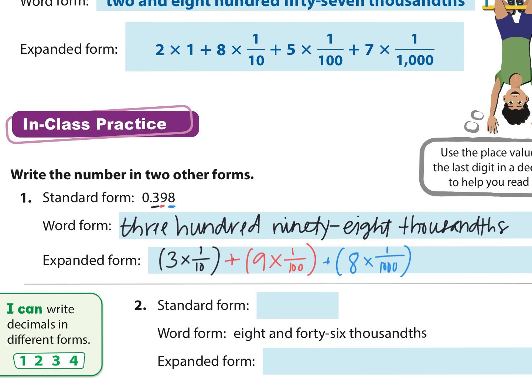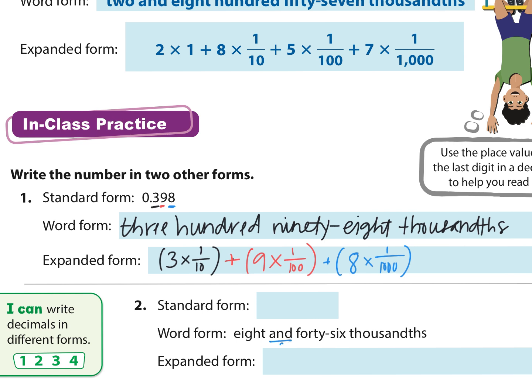Number 2, I'm not given the standard form this time. Standard form, if it ever asks you to write a number in standard form, it's wanting you to write it just how a normal number looks. Okay, standard form is just a normal looking number. It gives it to us this time in word form. It reads 8 and 46 thousandths. Remember that word and means decimal.